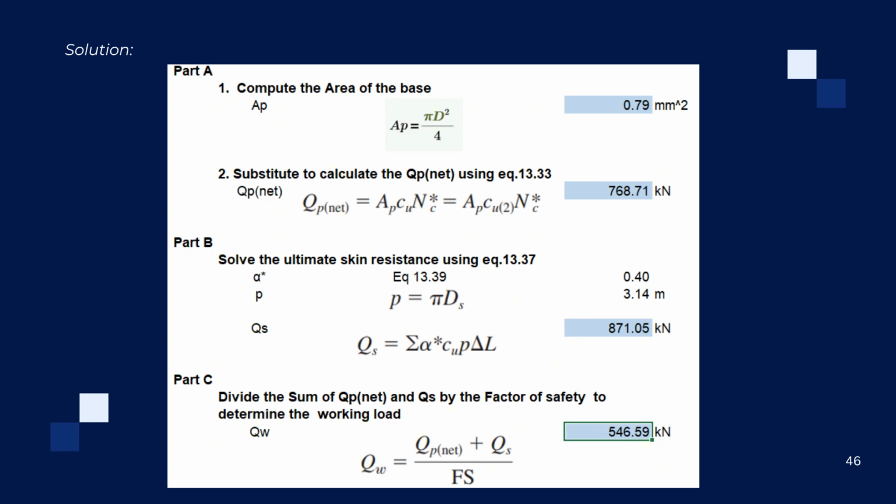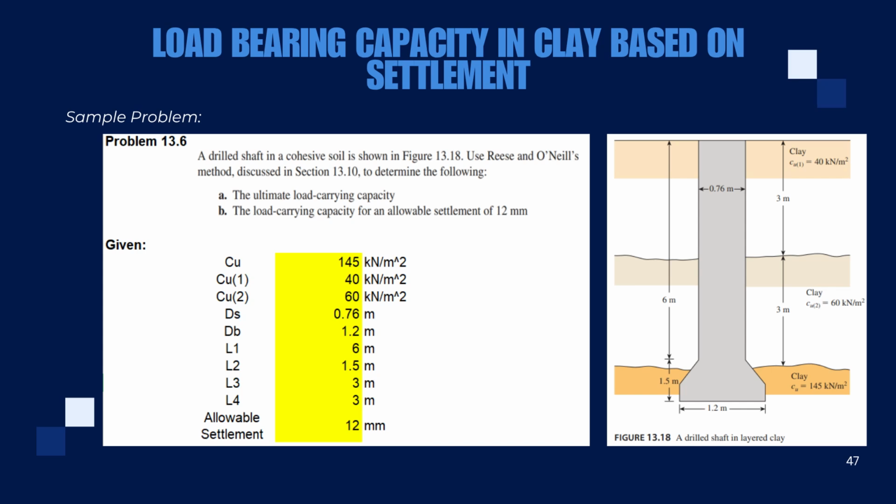So here in problem 13.6, a drilled shaft in a cohesive soil is shown in figure 13.18. Use Rees and O'Neill's method discussed in section 13.10 to determine the following. First is the ultimate load carrying capacity and the load carrying capacity for an allowable settlement of 12 millimeters.